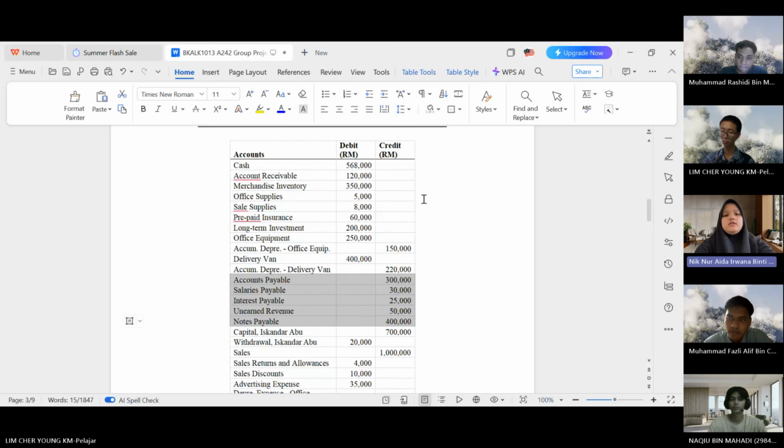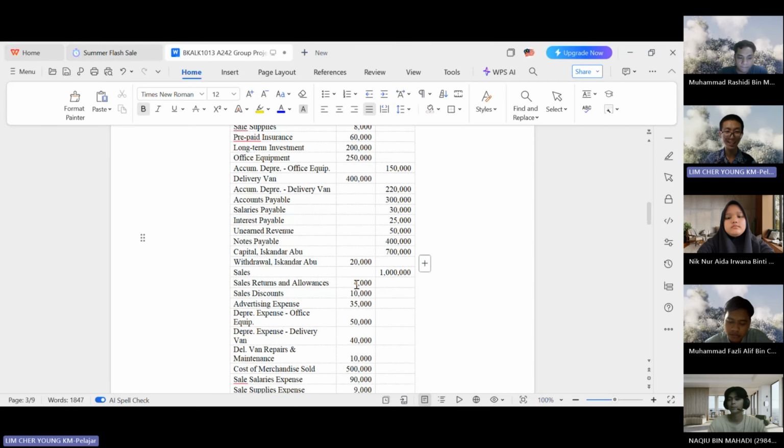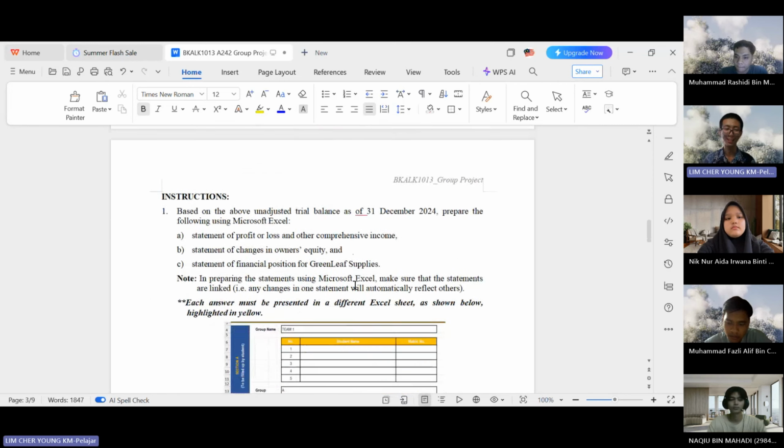And don't forget the long-term liabilities, which is the notes payable of 400,000 ringgit. Then lastly, under equity, we include the closing capital that we just calculated in the statement of changes in owner's equity. So that completes our statement of financial position. Let us proceed to part B.